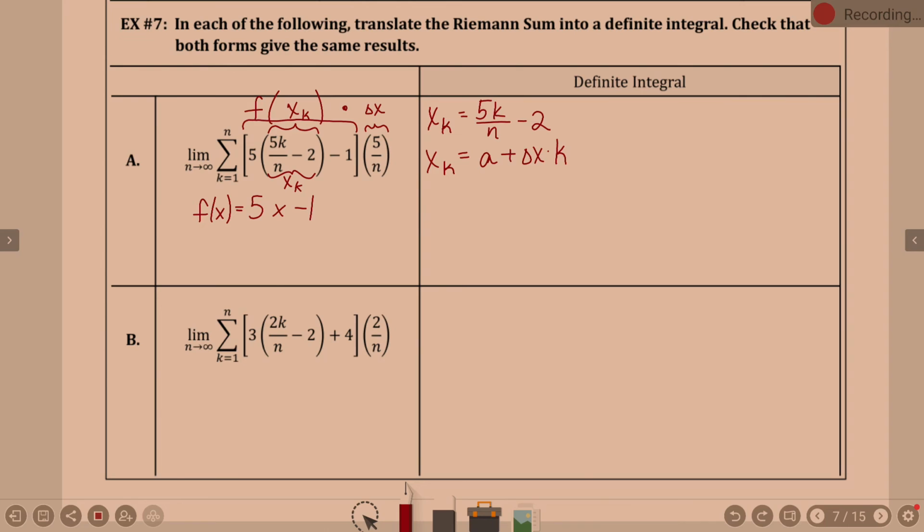Delta x times k is going to be the 5k over n right here, because we already said delta x is 5 over n. So what's that mean the minus 2 has to be? That's your a value. Are you seeing that? So yes, we do know that a is negative 2.